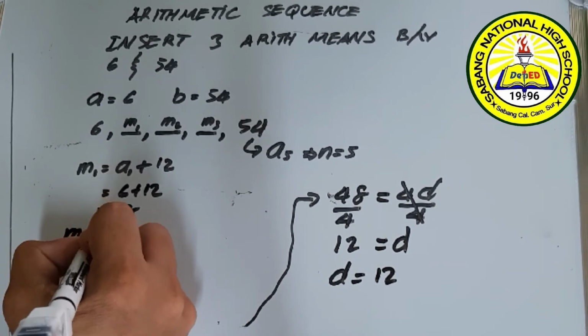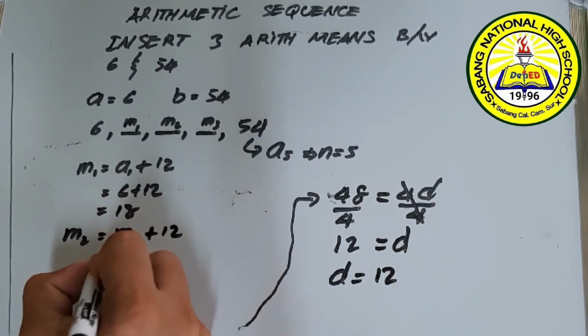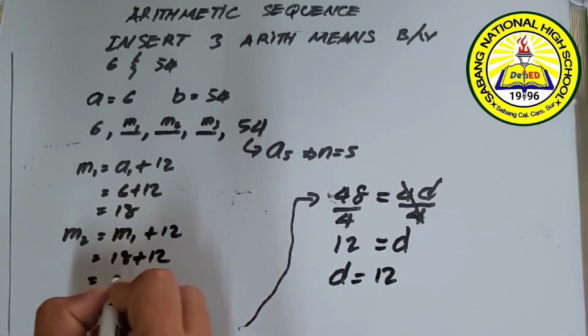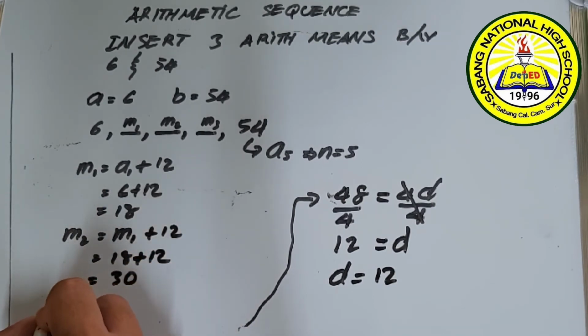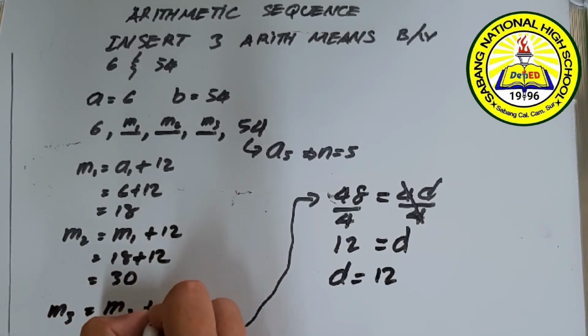M sub 2 is equal to m sub 1 plus 12, that is 18 plus 12, which makes it 30. And m sub 3 is equal to m sub 2 plus the common difference 12, that is 30 plus 12, which is 42.